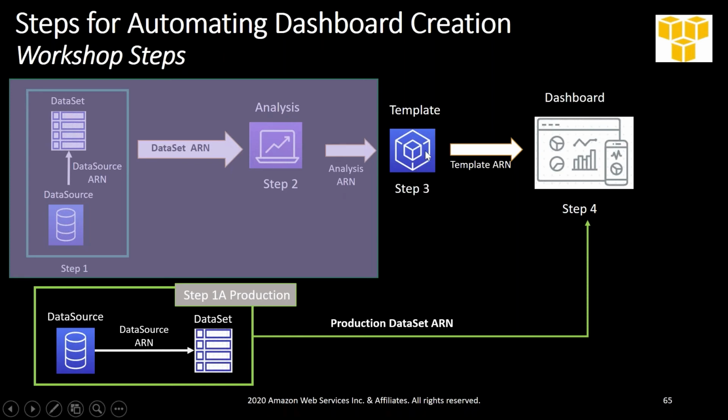And then we'll build the template. So once the template is built, we'll capture the template ARN and then issue the create dashboard command. When we give the create dashboard command, we'll pass it the production dataset ARN to the dashboard. So it may be a little complicated while I'm saying all this, but we'll take it slow. We'll go step by step, okay?